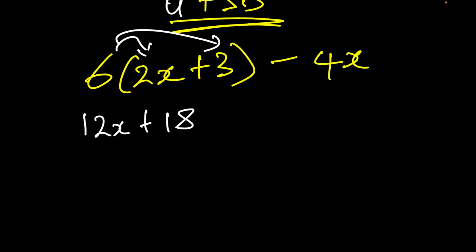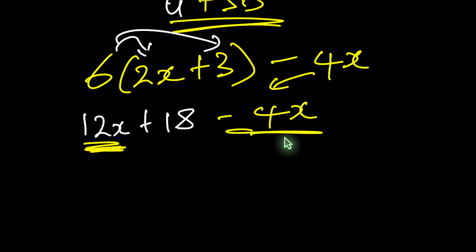All we need to do now is to just put back that minus 4x right there, because it's not contained in the bracket. So therefore, we're not going to multiply 6 by that negative 4x. So what leaves now? We need to group this 12x with this minus 4x. And what that looks like? 12x minus 4x.